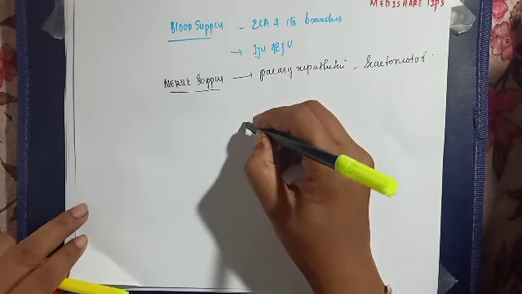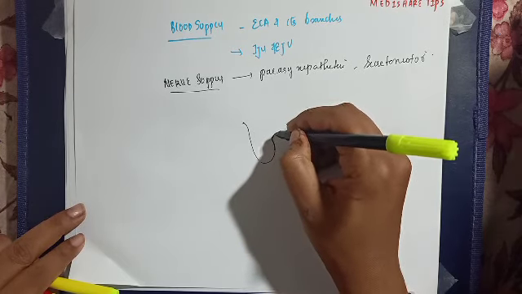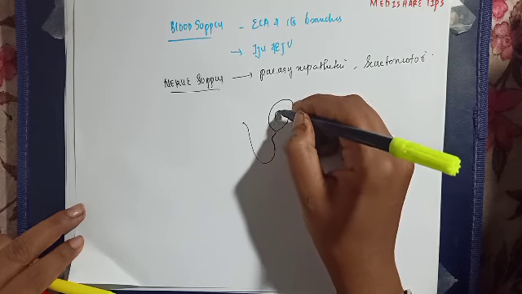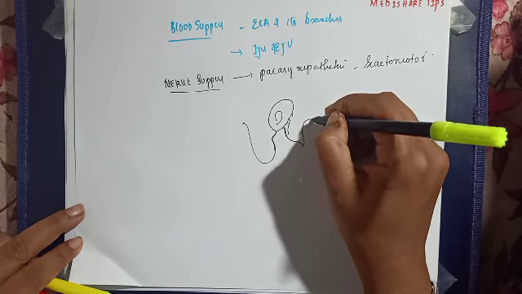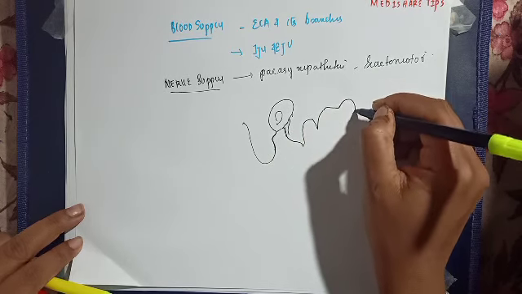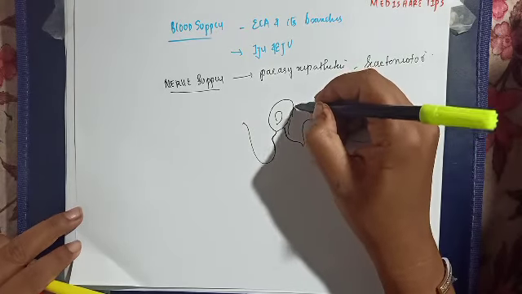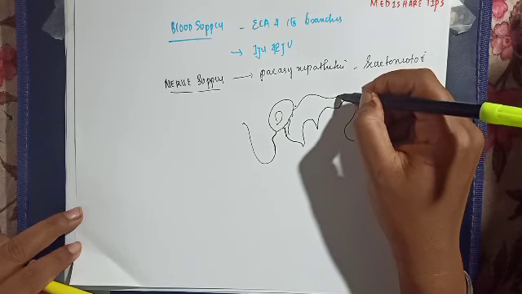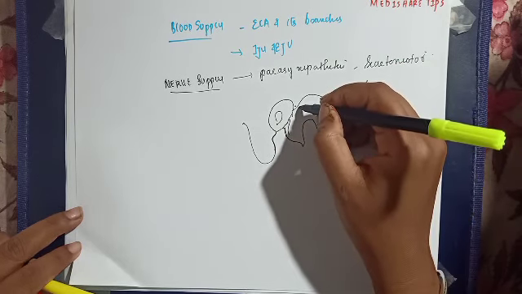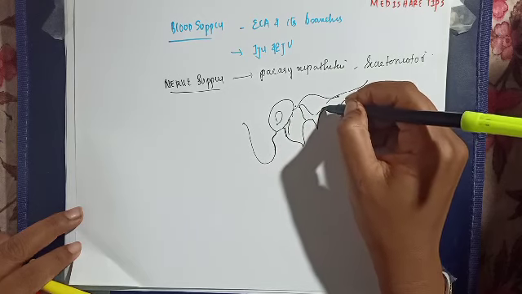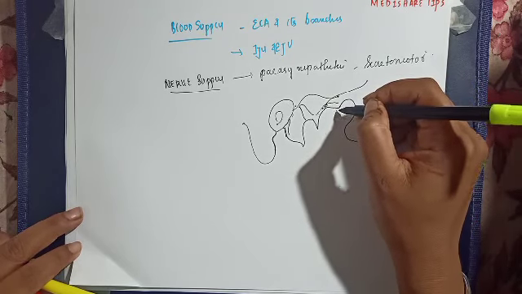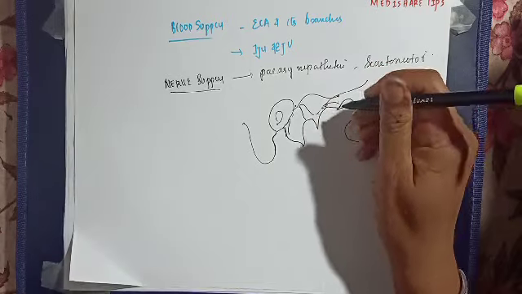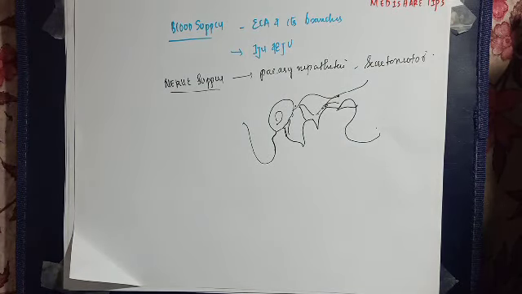Now what happens? I will draw the picture here. From the inferior salivatory nucleus, the preganglionic fibers begin.